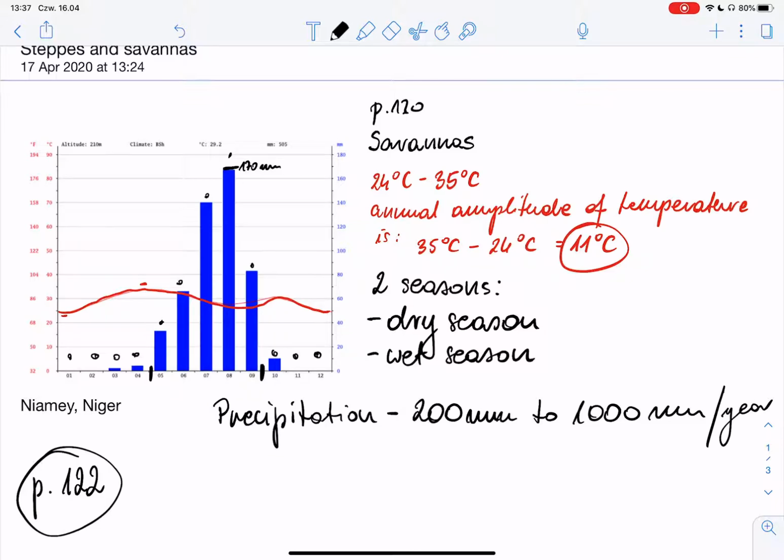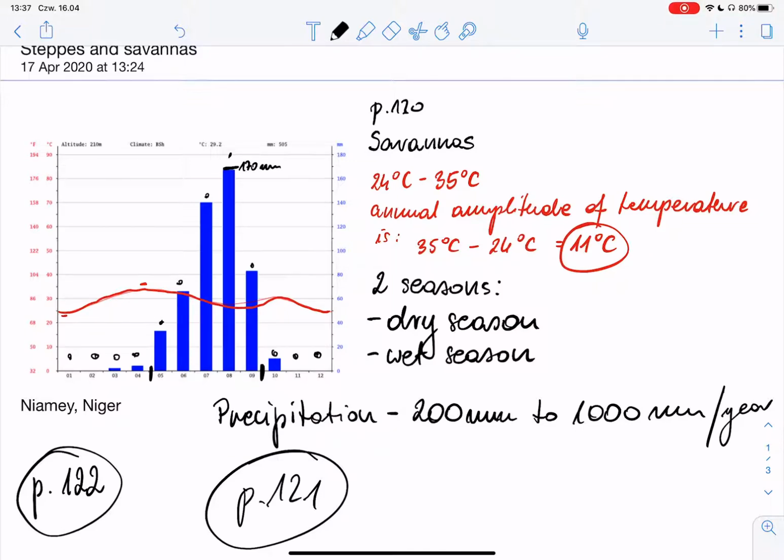An example of inhabitants of savannas, which you have on page 121, are Maasai people. They live in Kenya or Tanzania. Some of them have their small villages with their houses built of whatever nature brought to them, which is mud and twigs and stuff like this.